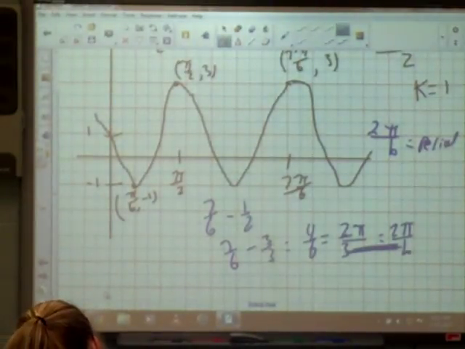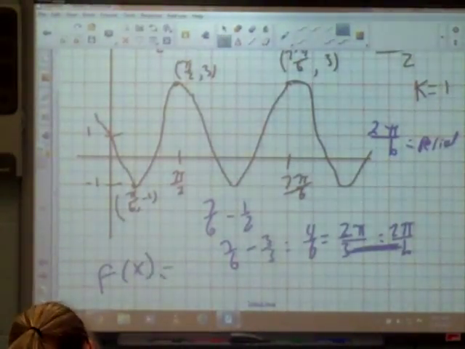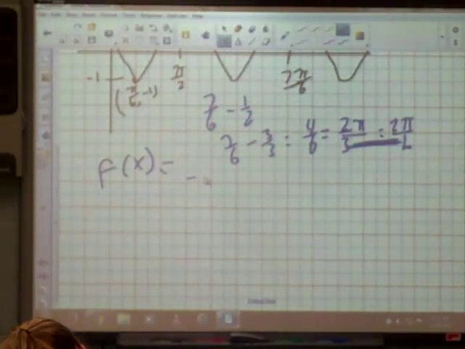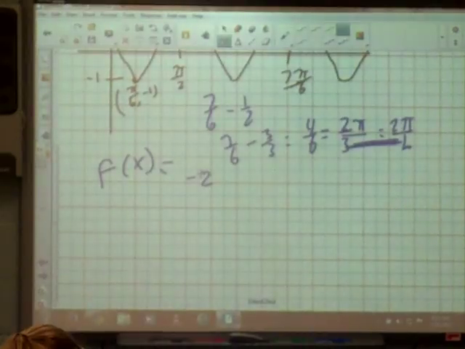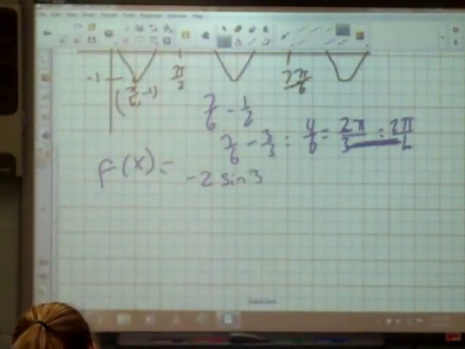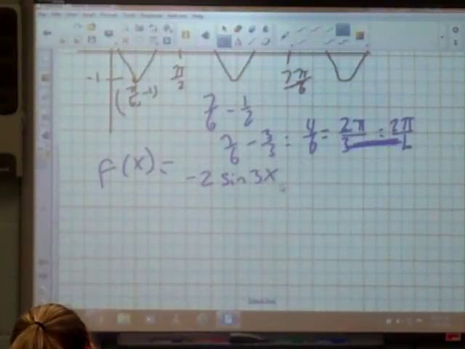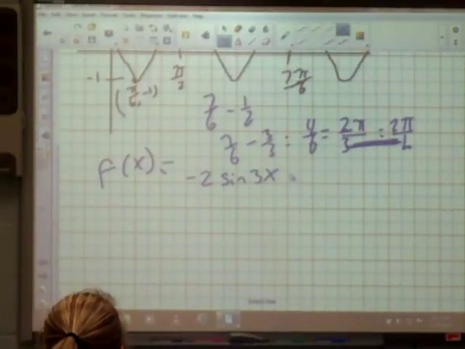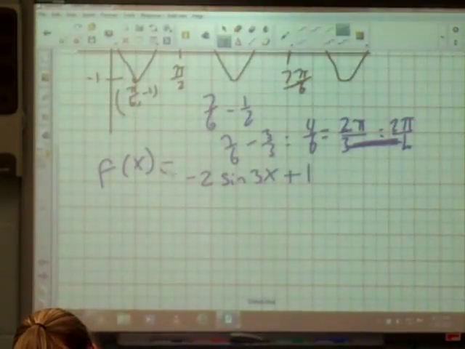So to write your function now, we had f of x equals, we talked about our a is negative, so negative, what was it? 2 sine of b x, and then what about that first thing we figured out? It wasn't centered, it was scooted up 1.